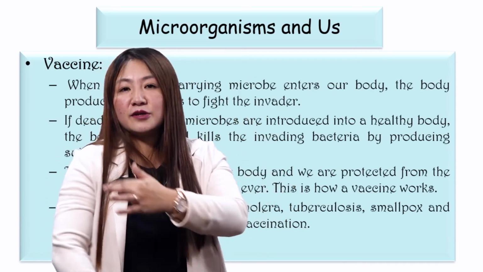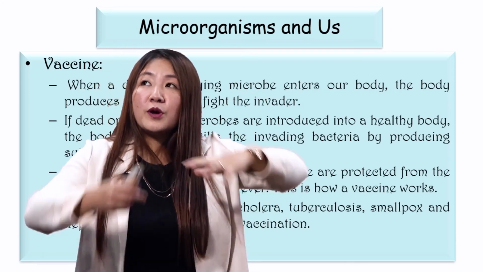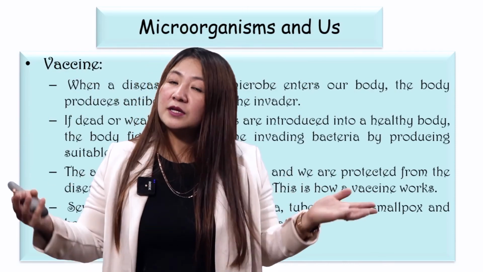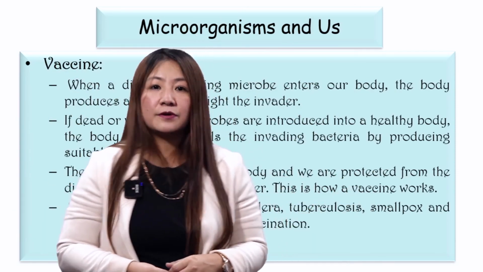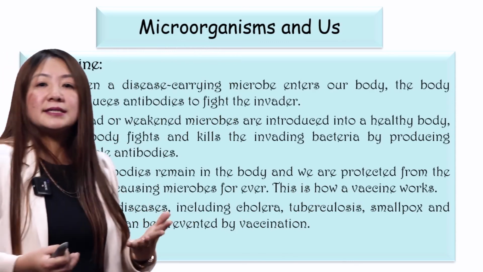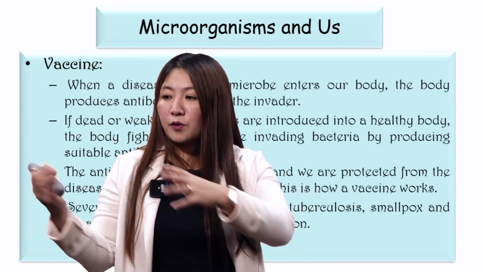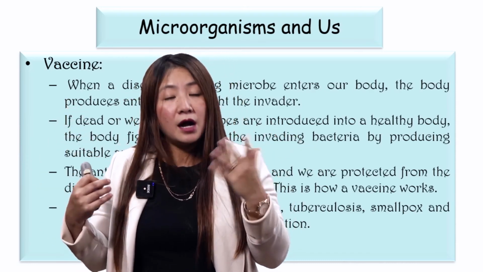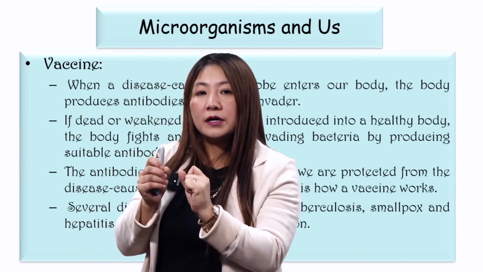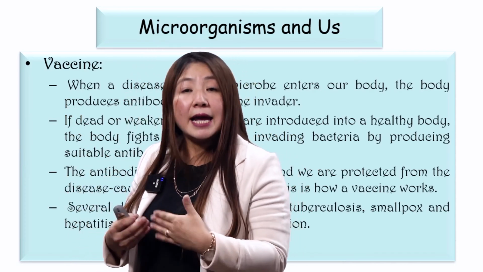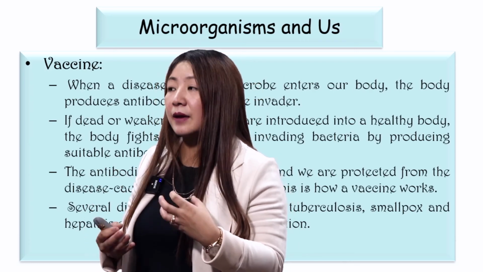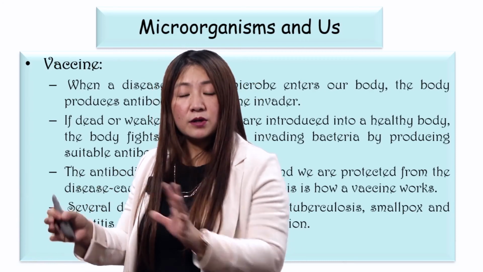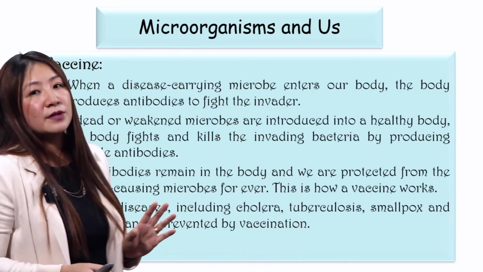And this is injected when you're a child, so that when you grow up, if those viruses enter your body again, you will be able to fight them off. When disease-causing microorganisms enter our body, our body produces a chemical called antibodies, which fights the disease-causing microbes.